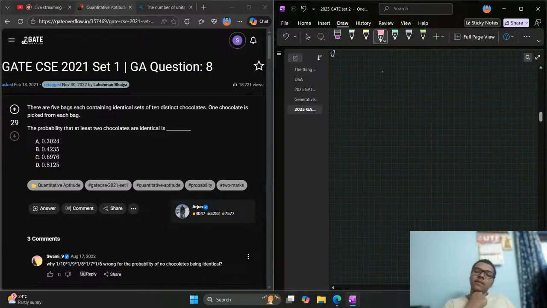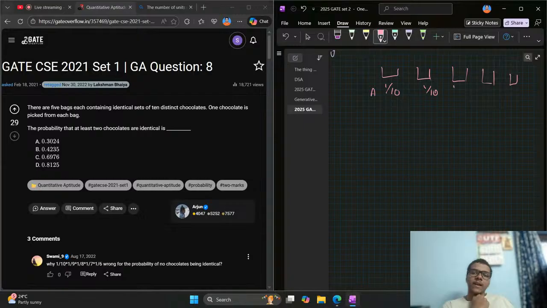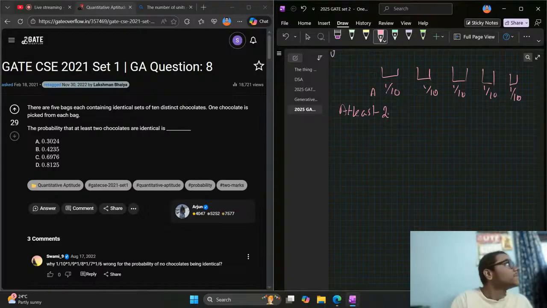Yeah, I got it. So 5 bags, 10 distinct chocolates. The probability of getting, let's say, chocolate A is 1 by 10, and 1 by 10, 1 by 10, 1 by 10, 1 by 10. At least 2 are identical.